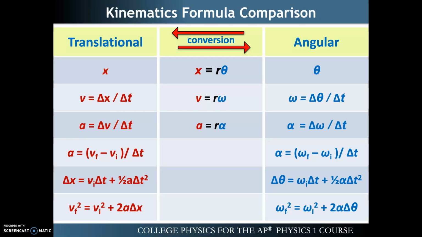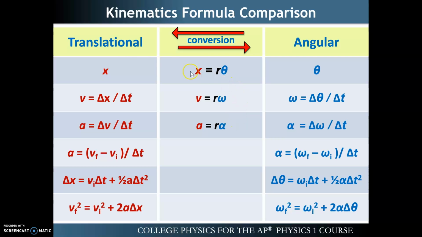All right. So what's really nice is that we can basically rewrite our kinematic equations in terms of angular quantities using these relationships. The fact that position is going to be r times theta, just using that arc length formula with a different variable for location, v equals omega r and a equals alpha r.